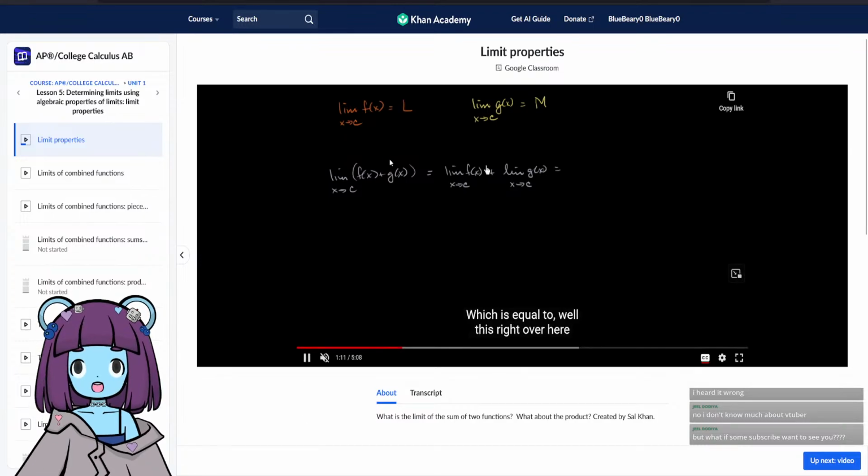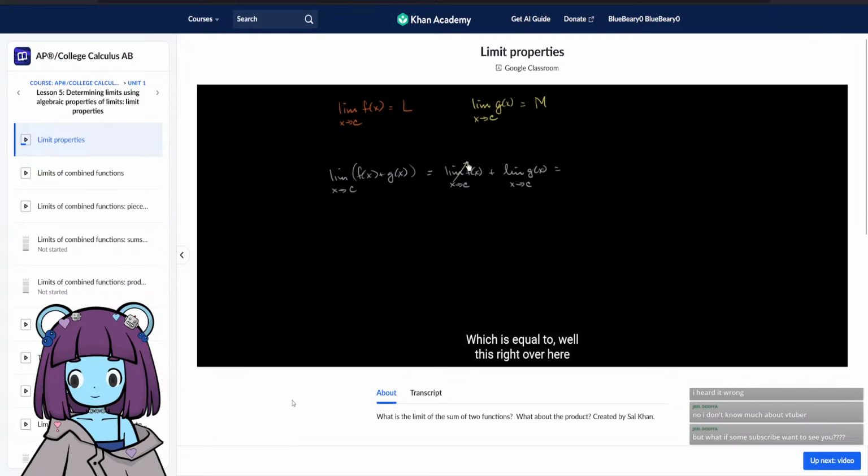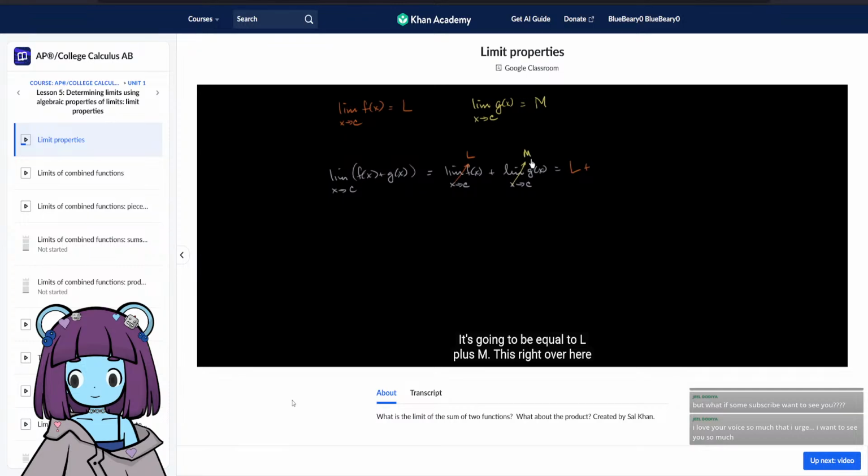So you can kind of split the two functions. The sum rule or sum property of limits. Is there a subtraction property? Oh, okay. We're getting into that. Shouldn't have jumped the gun.